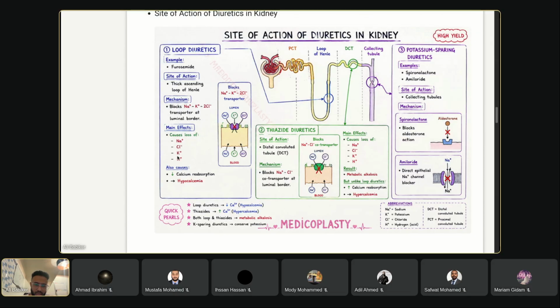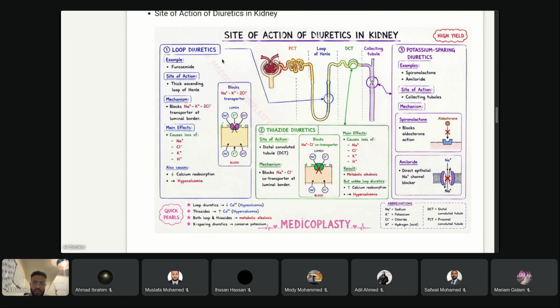A loss of H+ will lead to metabolic alkalosis, which we explained from A to Z. It also decreases calcium reabsorption, and this may lead to hypocalcemia. So all of this is very high yield for loop diuretics.